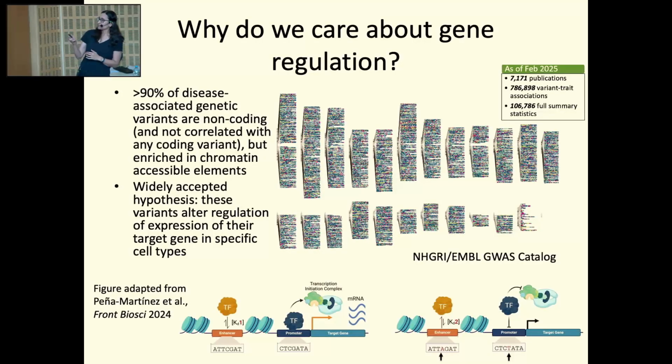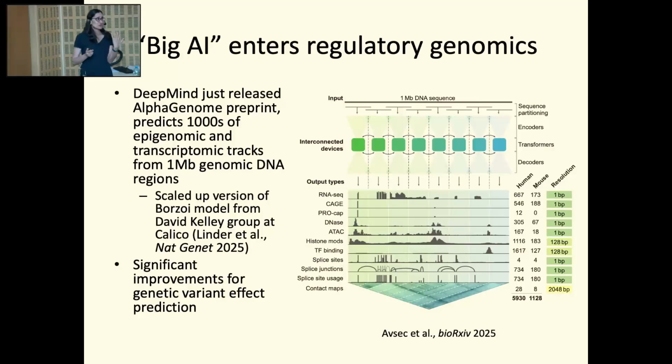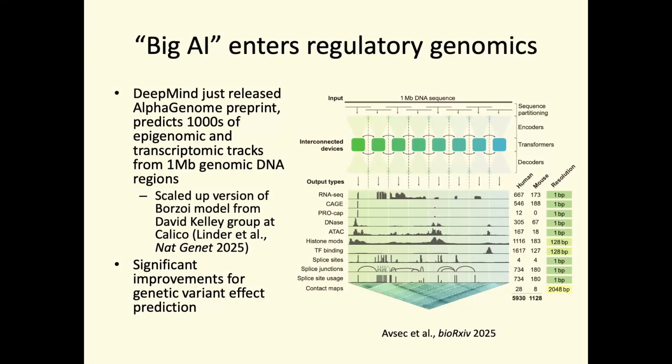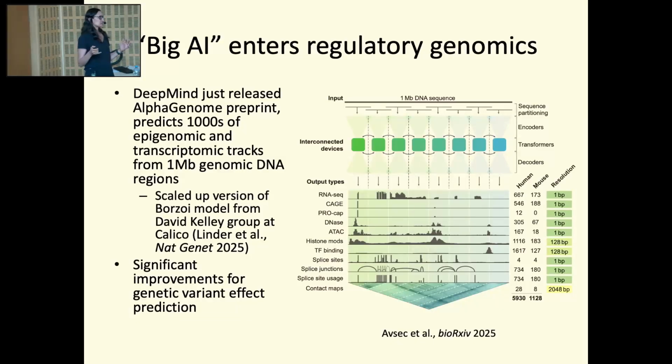Okay, and one more motivation. So about 2 weeks ago, AlphaGenome came out. So this is Google DeepMind, big AI is now in this field. What they are doing is actually just a kind of scaled up version of models that have been out there.